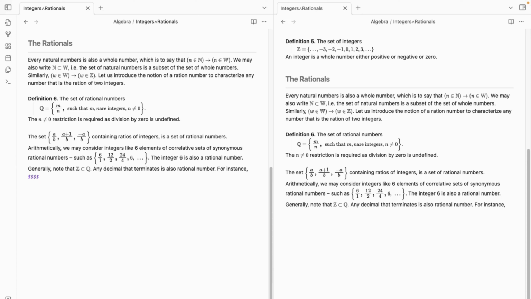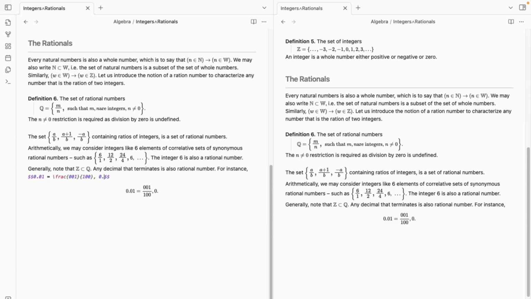So, for example, you might have 0.01, which we may also express as the fraction 1 over 100, we're familiar with that one.